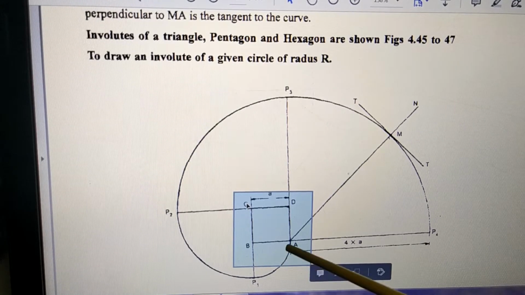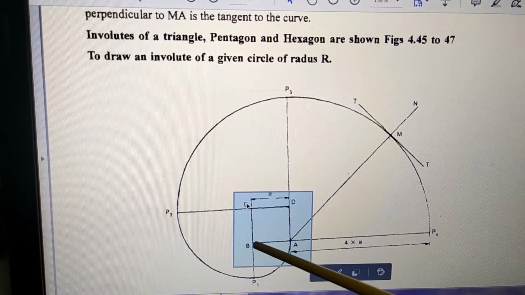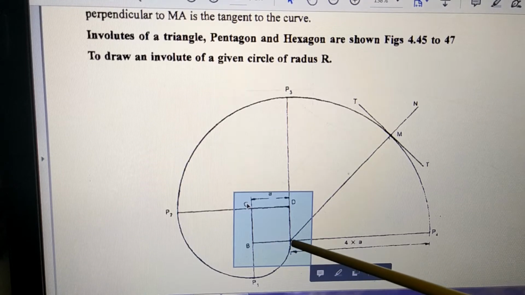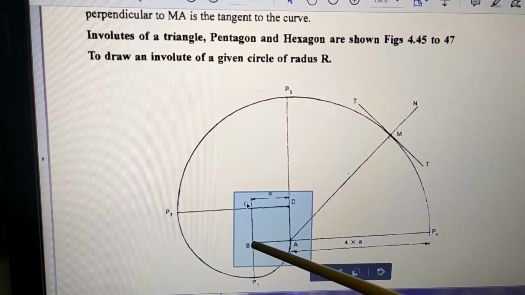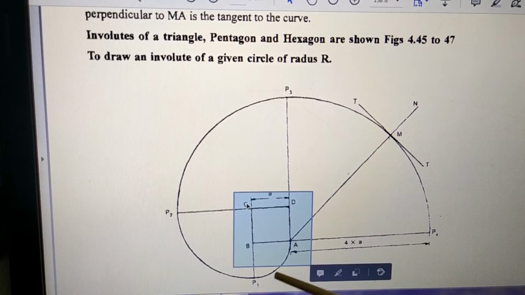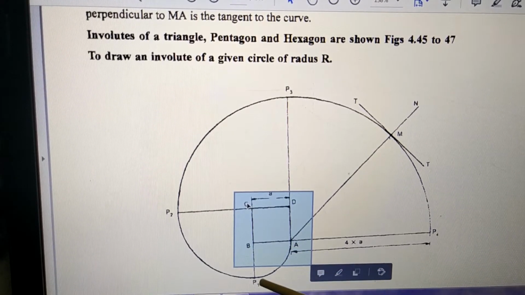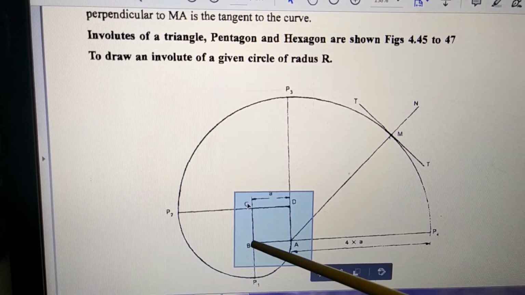So what will happen when you start moving like this? This part of the thread will move like this, so that this becomes the center and this becomes the circle. So the pencil will move like this, and the thread will have this point as a center.